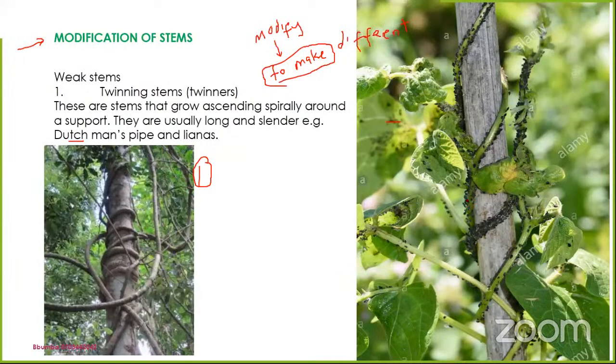And you can see those small insects are called aphids. These aphids like sucking the sugars made inside that are traveling inside these stems. These small black insects are called aphids. And then here are your stems.